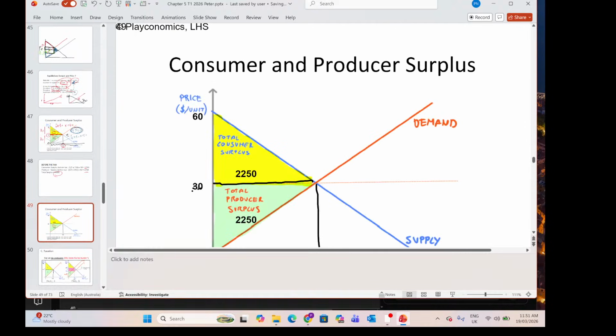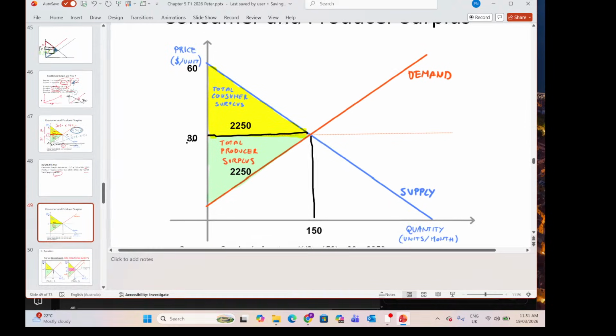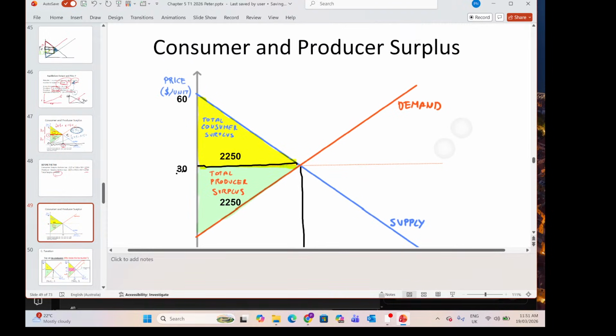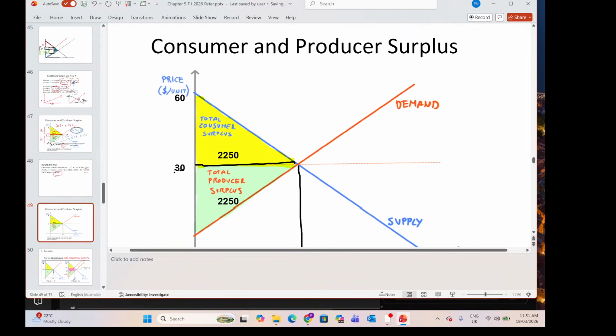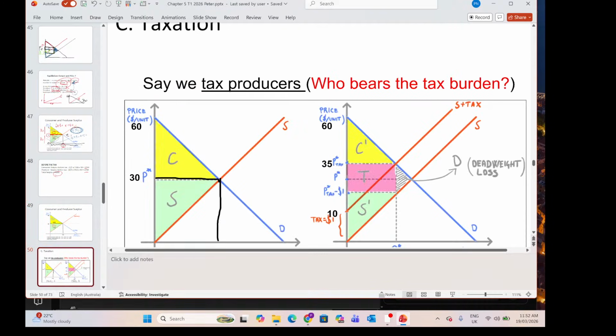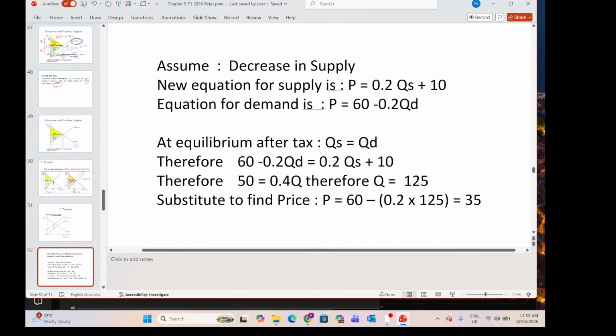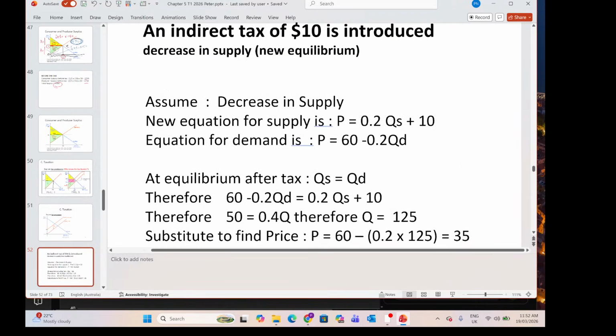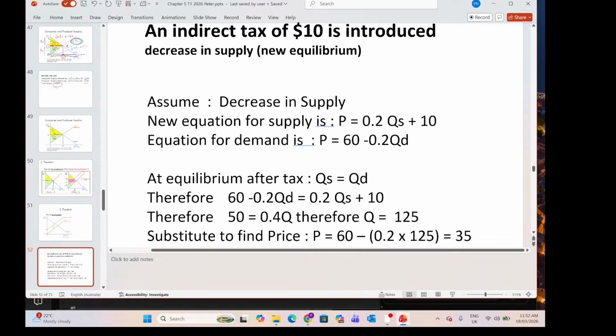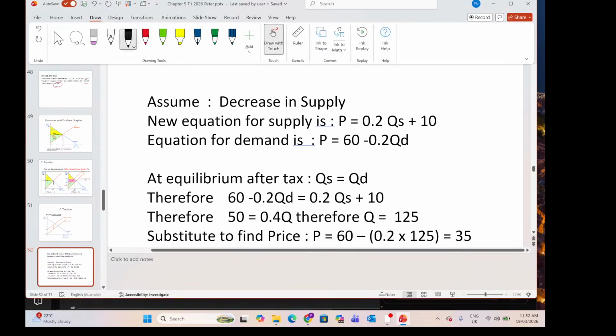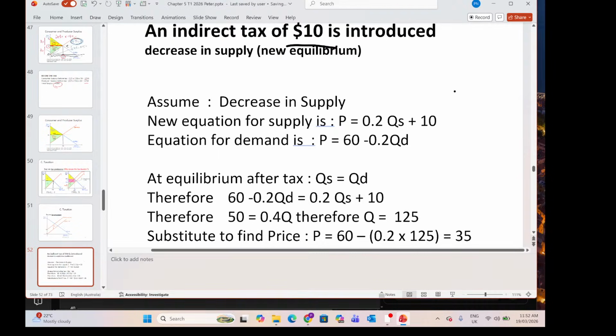So we've got our diagram, and now we're going to introduce a tax. Let's skip ahead a couple of slides, and we'll go to our new equilibrium. We're introducing into our market a tax of $10.